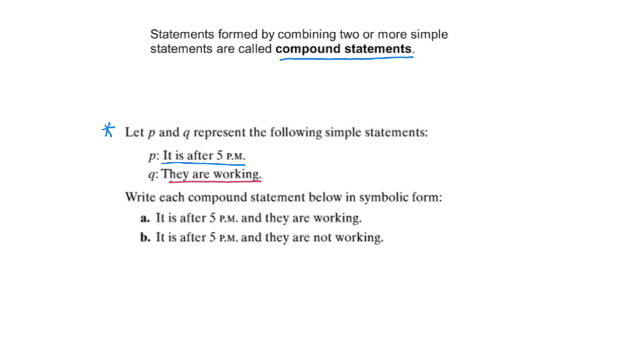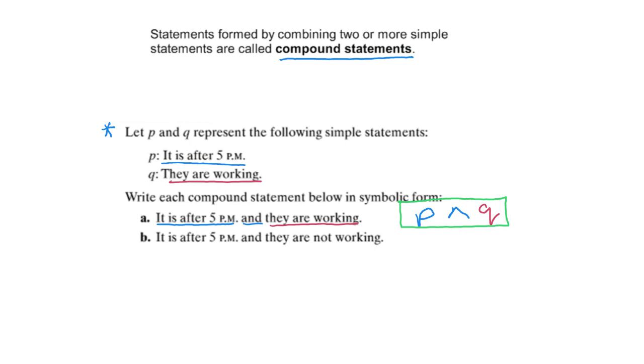So let's take a look at the first one, part A. Part A says it is after 5 p.m., which is going to give us my P. Then we have the word and, the word and is my rooftop. And lastly, it says they are working, and that is my Q. So our compound statement is P and Q in symbolic form.